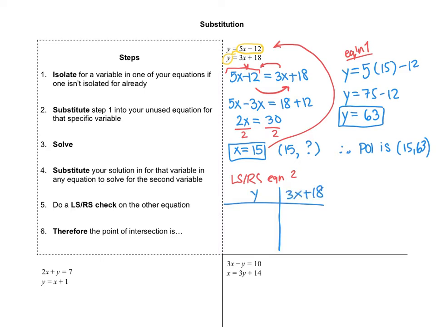So I'm going to replace y with 63, and I'm going to replace x in 3x with 15, so 3 times 15 plus 18. And then 3 times 15 is 45, and 45 plus 18 is 63. Our numbers match, so yay, we did that correctly. So a left side, right side check is an optional thing to do unless it's specified, but it is a nice way for you to check your work.